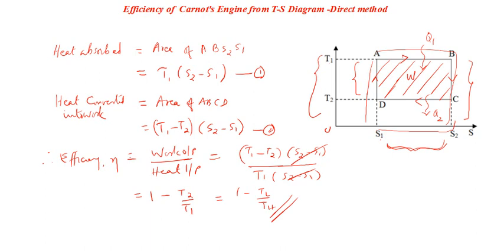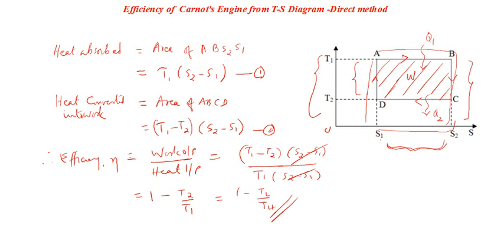After introducing those concepts, you will be able to derive the efficiency directly if the method is not specified. So be careful and cautious while answering questions in your examination.